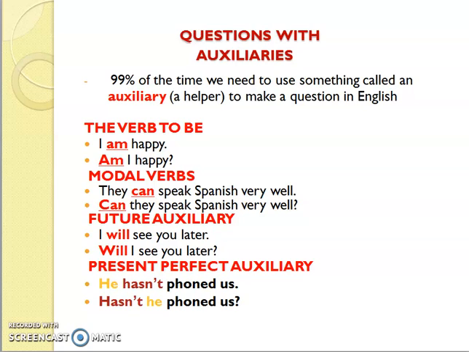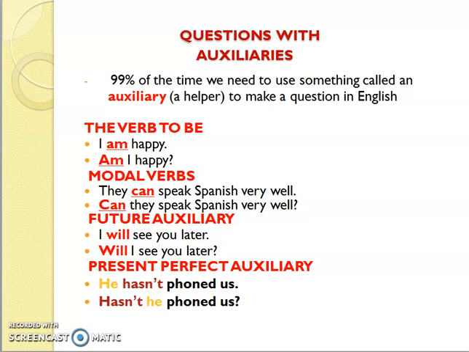To form a question from this affirmative sentence, we should put the form of to be, am, in front of the subject. For example, am I happy?